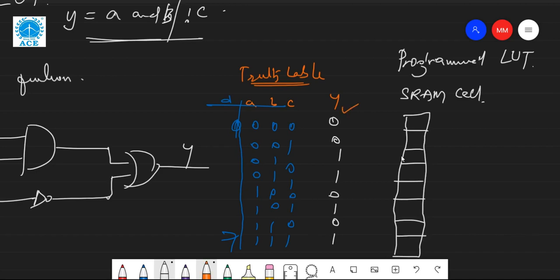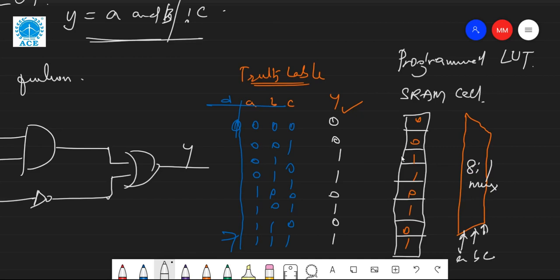Whatever the output values are will be stored in the SRAM cells, 0 0 1 1 0 1 0 1, like this. It is connected to the multiplexer, an 8 into 1 mux in this case, and A, B, C are the select lines. So the function is realized by selecting with A, B, C.